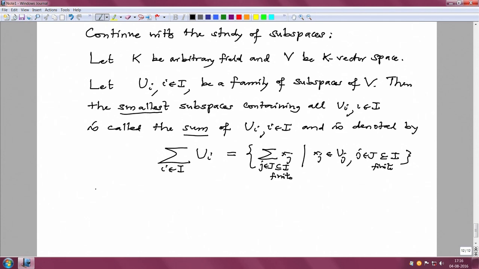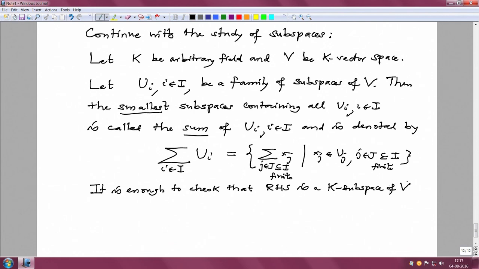So it is enough to check that the right hand side is a K subspace of V containing all U_i's.